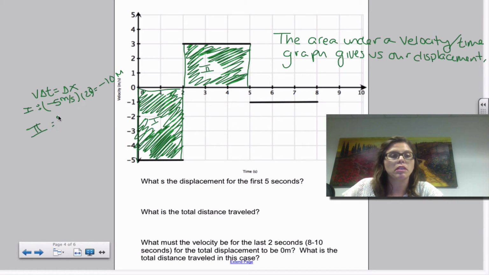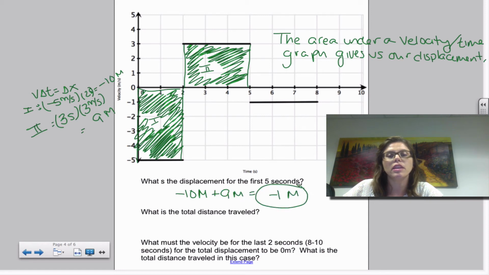So 3 times 3, 3 seconds times 3 meters per second is equal to 9 meters. So what is the displacement for the first 5 seconds? So -10 meters plus 9 meters is -1 meter. That's our displacement. What is the total distance traveled?